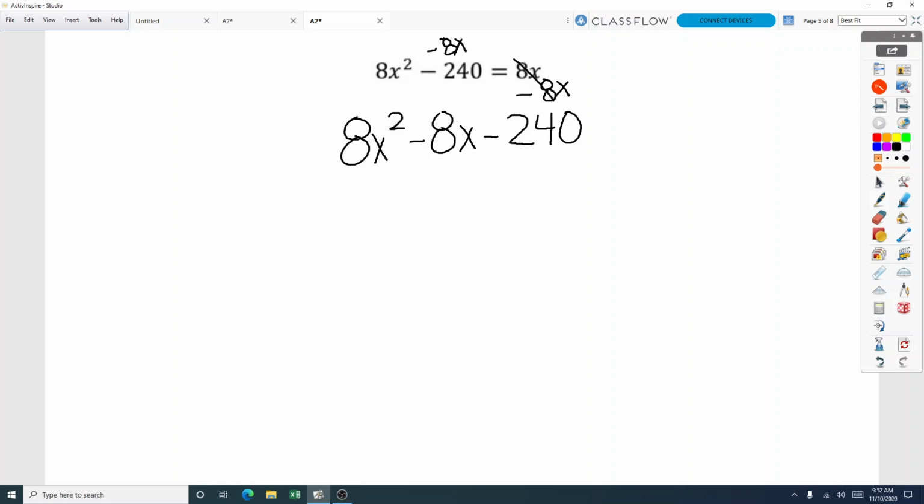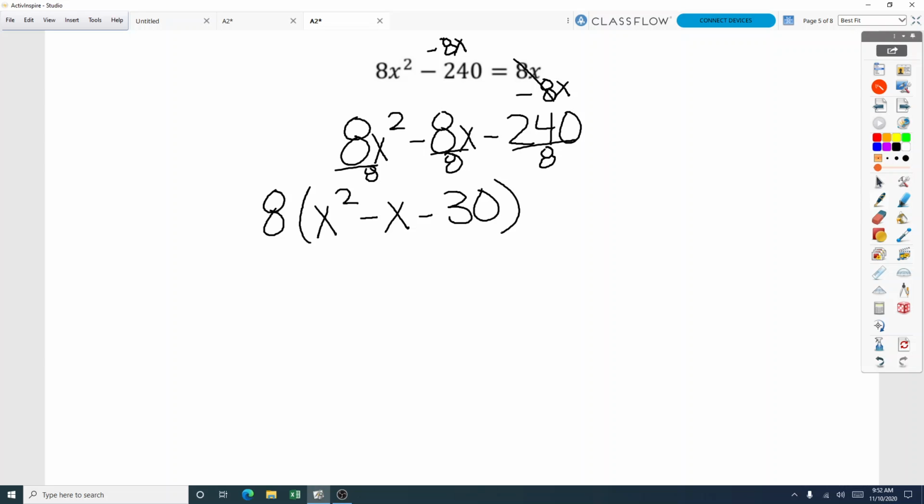Now, if I look at this, I see that I have an 8 in common. So the very first thing that I'm going to do is I'm going to pull out an 8, divide everything by 8, so that I have x squared minus x minus 30.